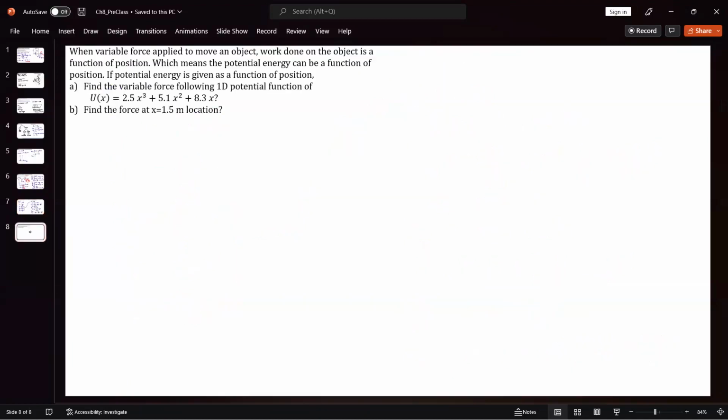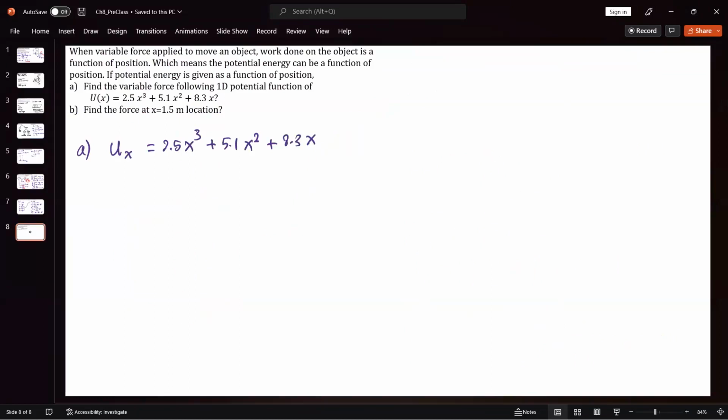Let's take a look at a simple example, which is not our primary focus in this class, learning calculus or anything. Let's consider a potential function in a one-dimensional case, equal to 2.5 x to the power 3 plus 5.1 x to the power 2 plus 8.3 x.